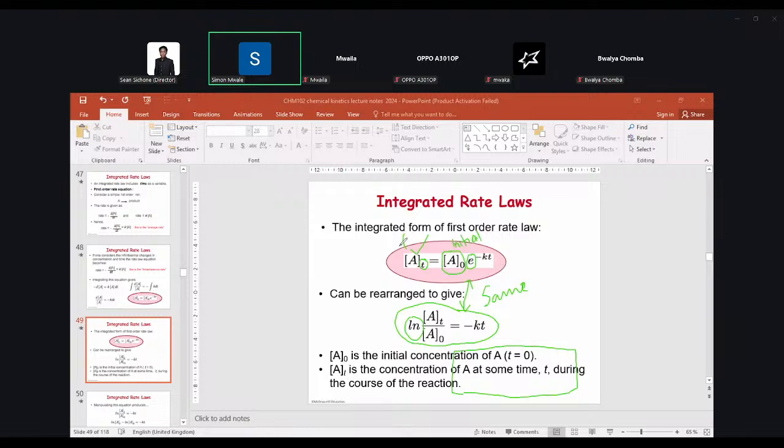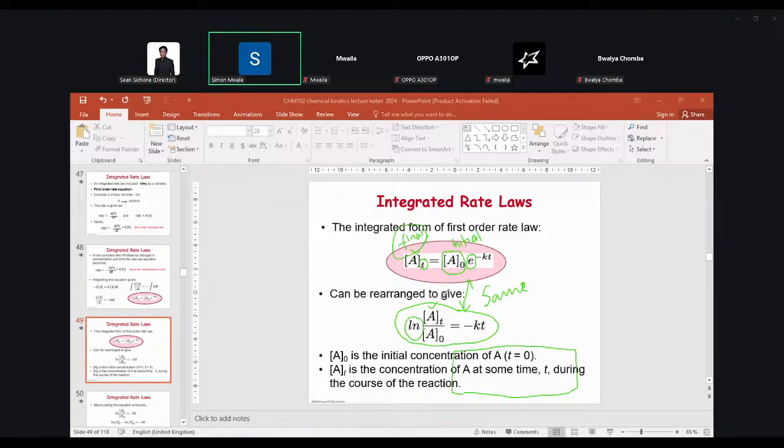This is the final concentration after some time t has passed. So imagine you have a reactant, then you start the reaction and start the time. Then you are asked, after 30 minutes, how much of the A was remaining? So that is the A at final or A at time t. Then this is the A initial.